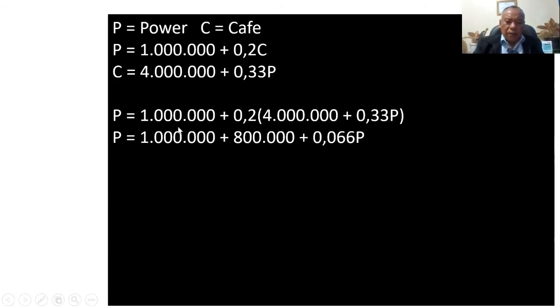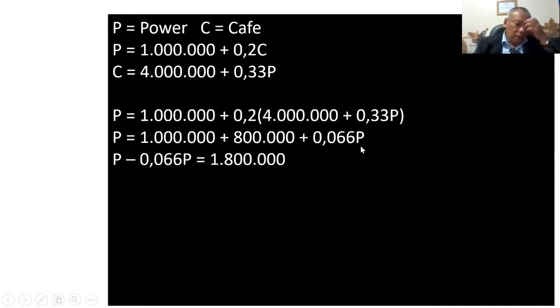So 1 million plus 0.2 times 4 million will be 800,000, which gives 1,800,000. And then 0.2 times 0.33, so we find 0.066 P. And then P minus 0.066 P equals 1,800,000.